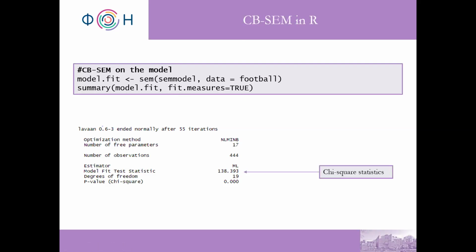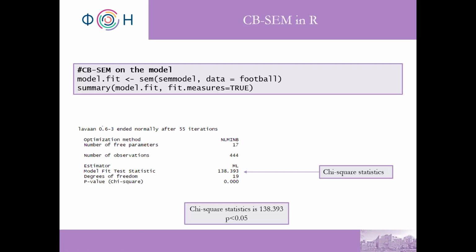So the first interesting thing we can read from the output is the value of our chi-square statistic. The model fit test statistic is in fact the value of our chi-square statistic. We can see the degrees of freedom, and we can see the p-value for our chi-square statistic.